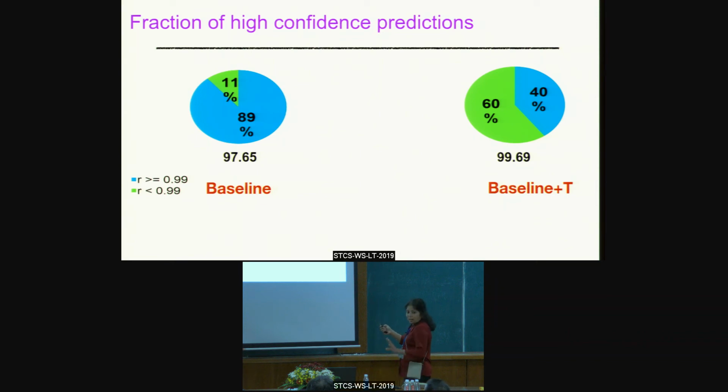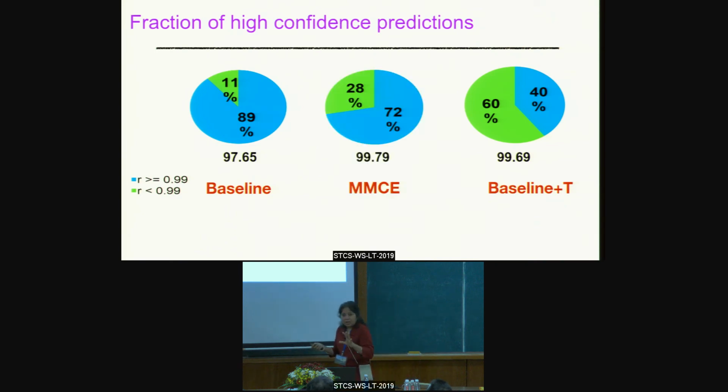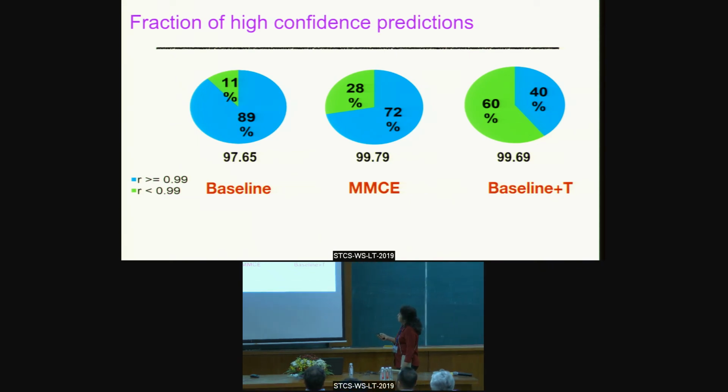And this is the calibrated model because the accuracy there is 99.69. Now with this MMCE based regularizer added at the time of training, we are able to make more predictions, like 72%, and the accuracy is also above 99%. So it's both calibrated and it predicts a lot more examples with high confidence.